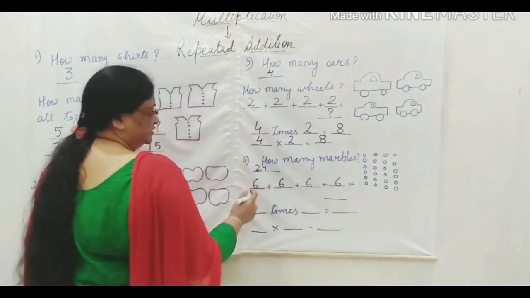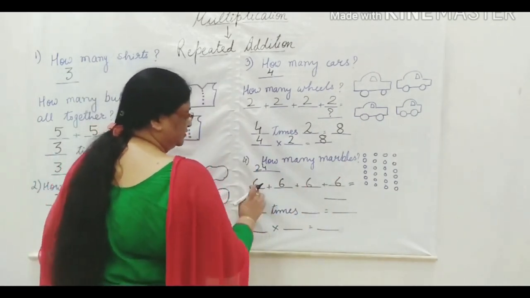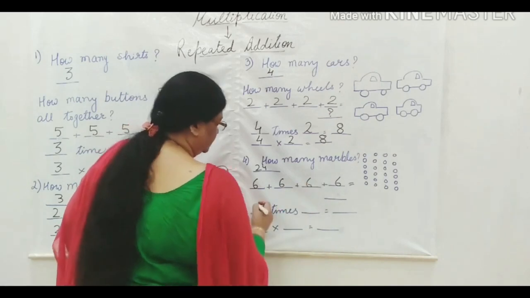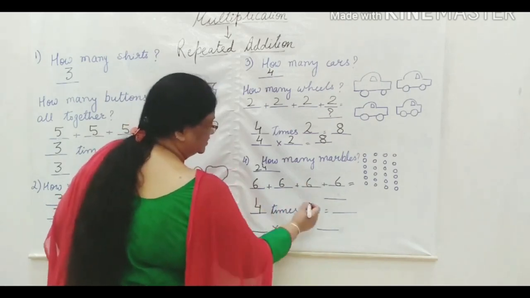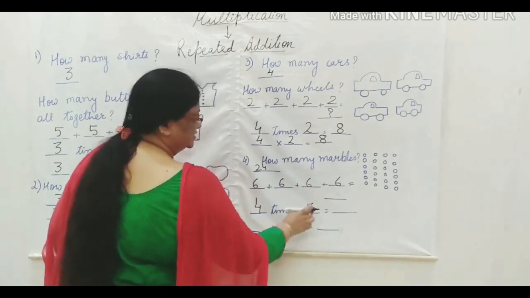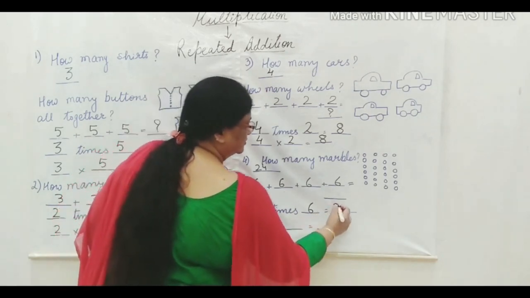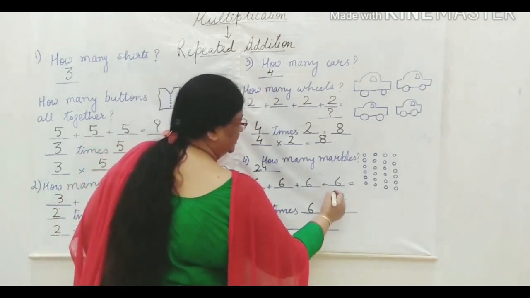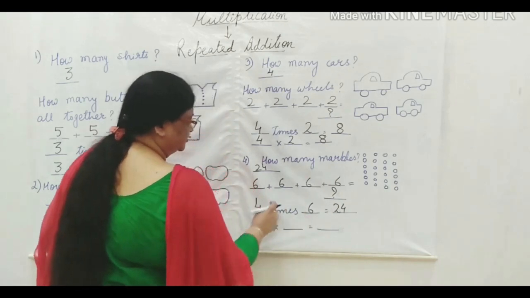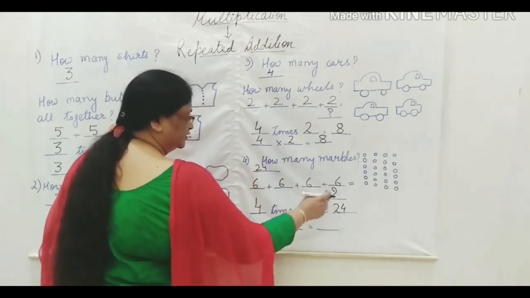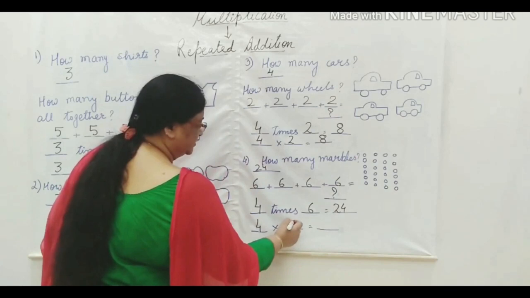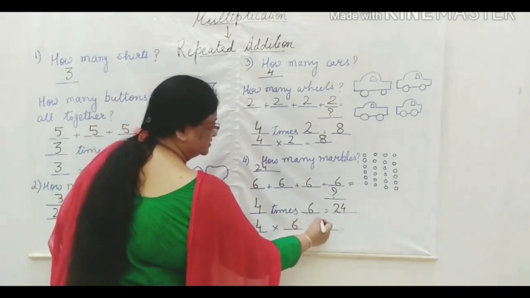Then how many times 6 are there? 1, 2, 3, 4. There are 4 times 6. So 4 6s are 24. After adding also we don't know, so let us do it. 4 times 6, 4 6s are 24, or 4 multiplied by 6 is equal to 24.